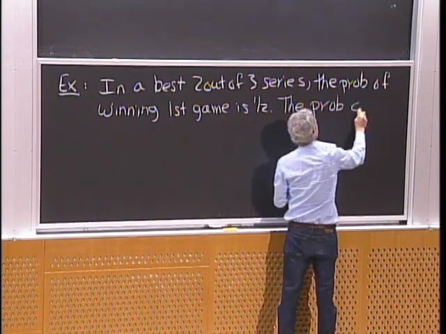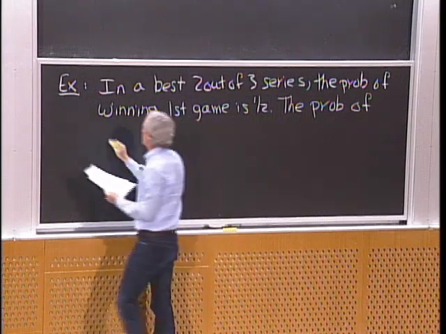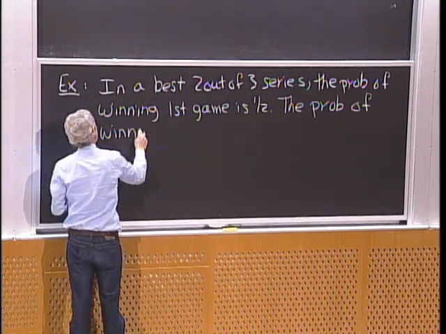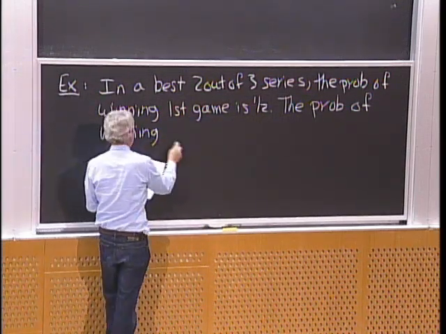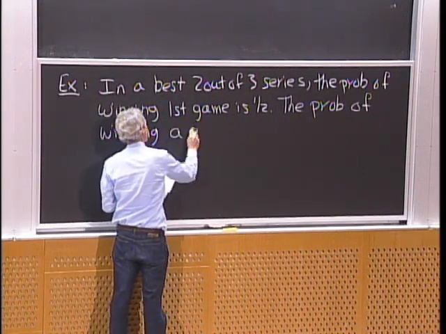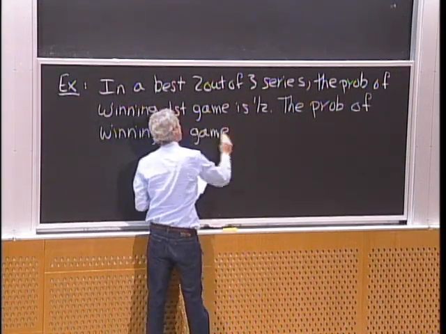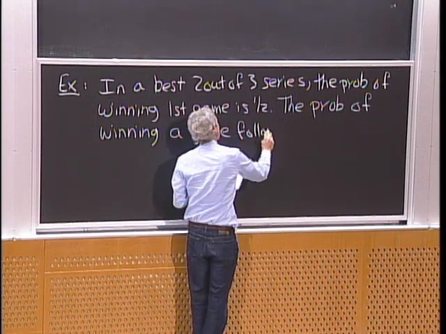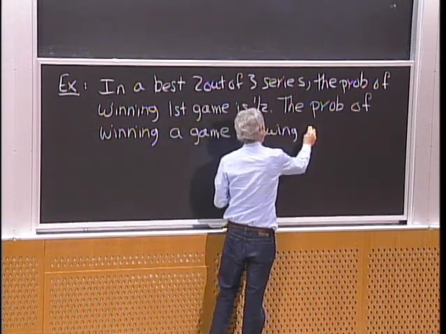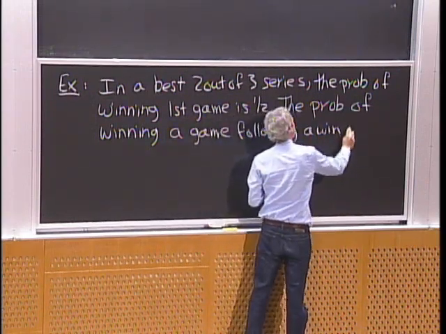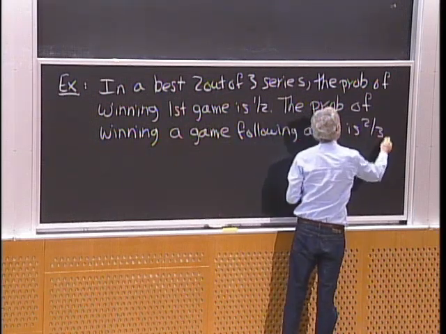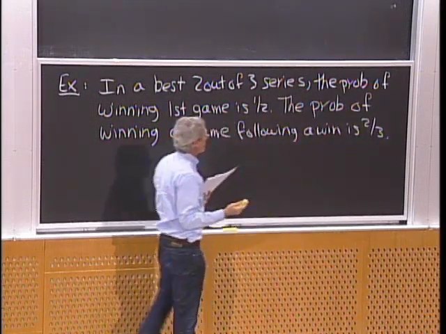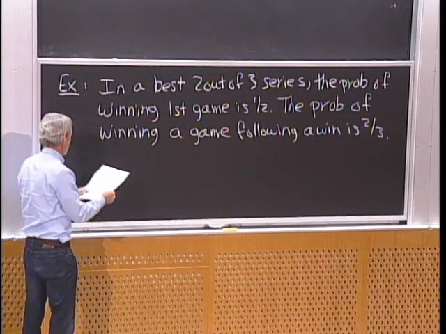So the probability of winning immediately after a game following a win is 2/3. And similarly, the probability of winning after a loss is 1/3.